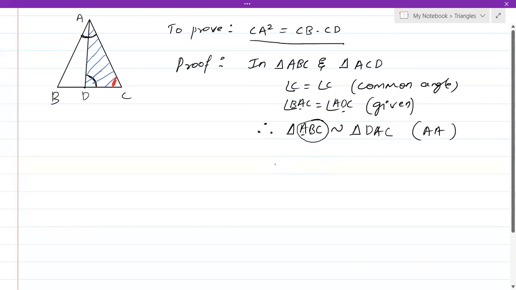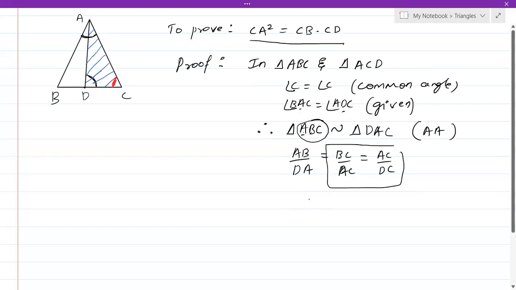Now, if two triangles are similar, corresponding sides are in proportion. Therefore, we get AB by DA is equal to BC by AC, which is equal to AC by DC. Now, we'll take the last two things to get the required thing.